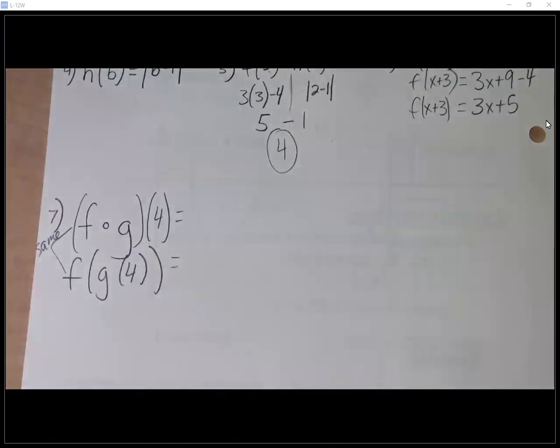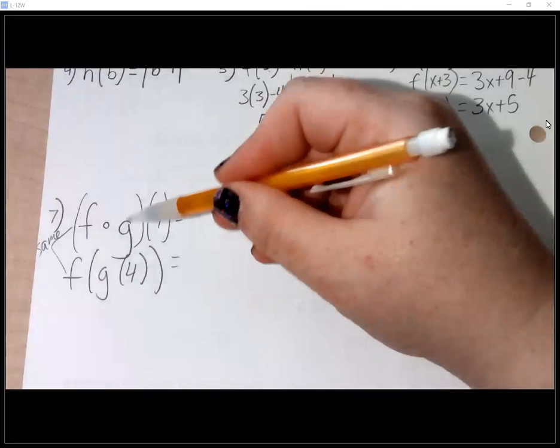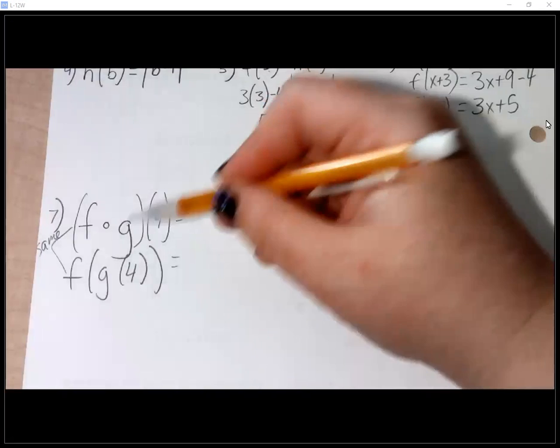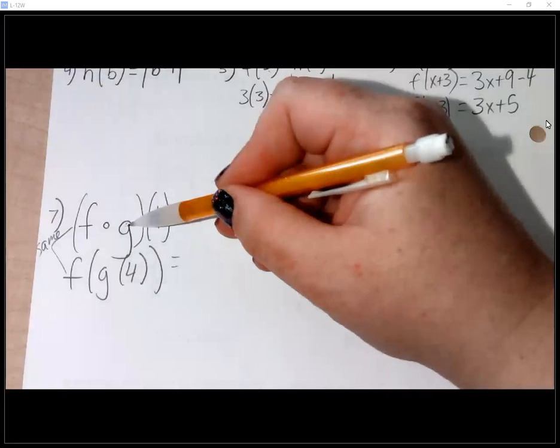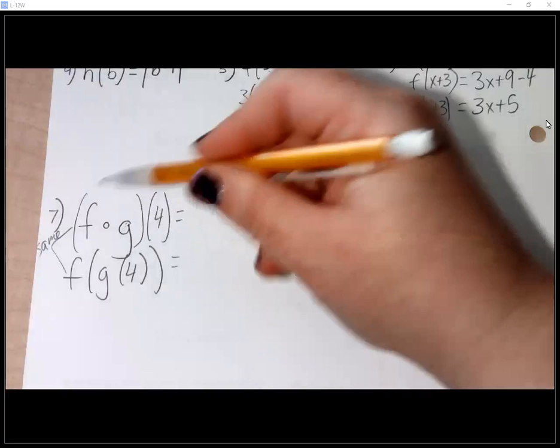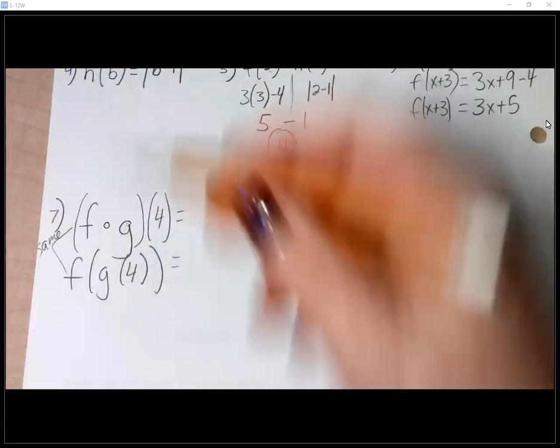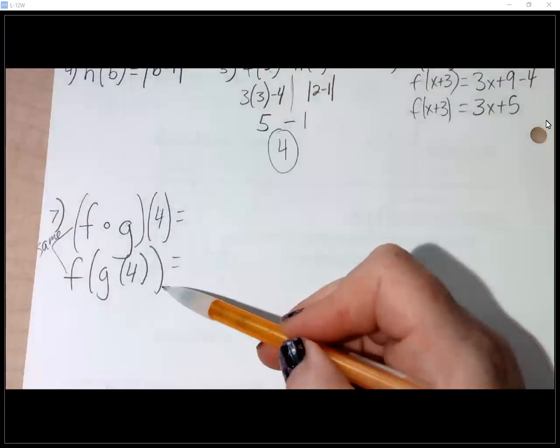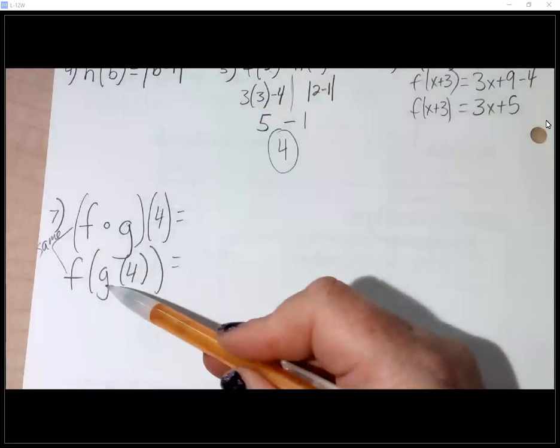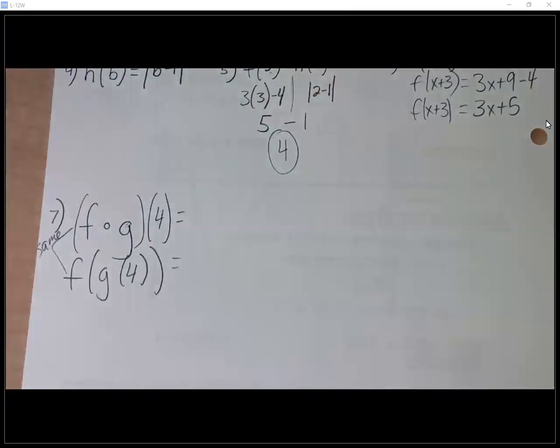It's telling you that whatever one is closer to the function, you plug into that one first, get an answer, and then plug into the other. It's a little bit easier to follow here, because just like with PEMDAS, when we're doing parentheses, we start on the innermost parentheses and work our way out.